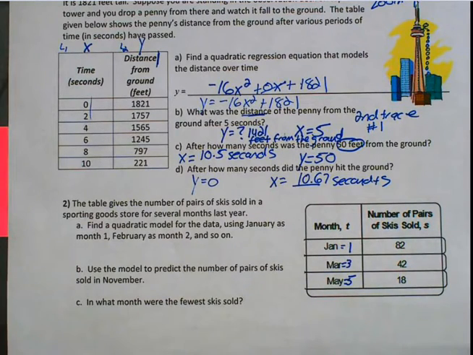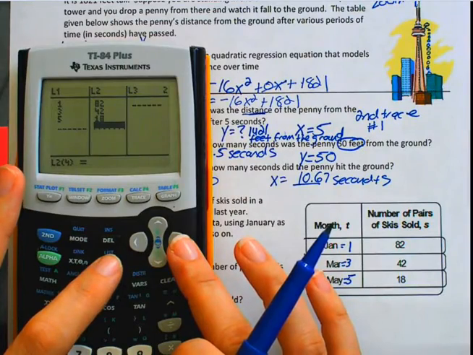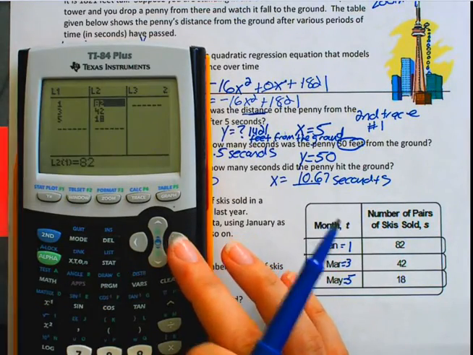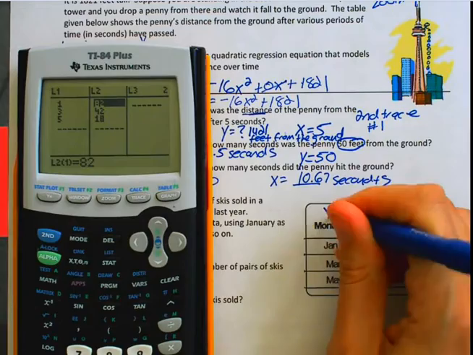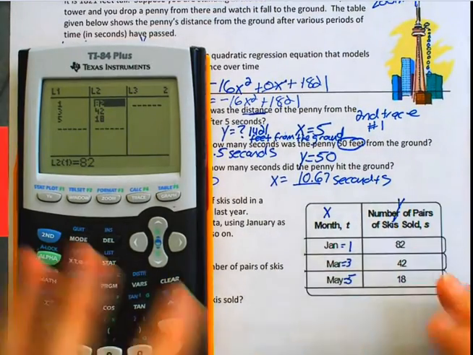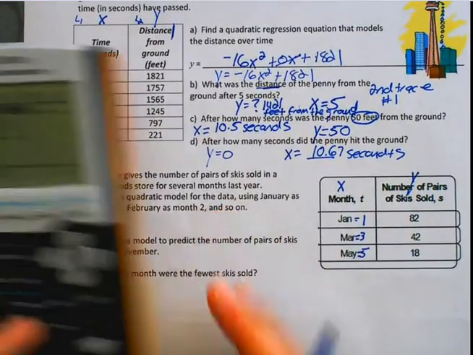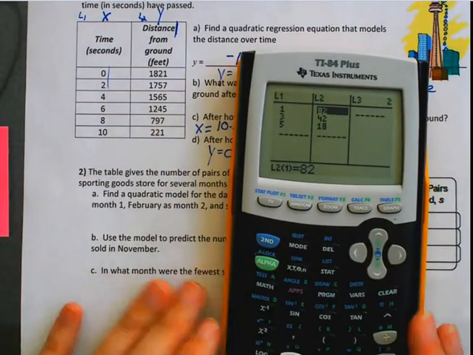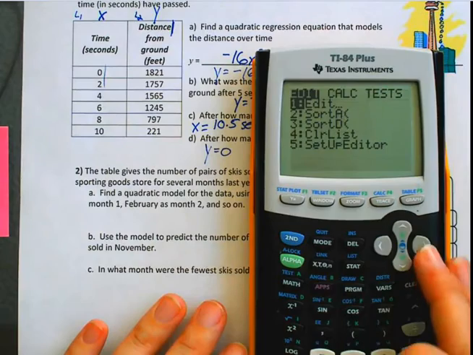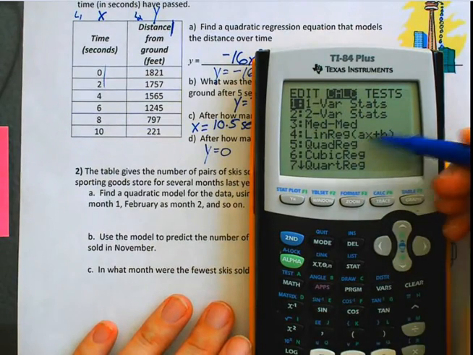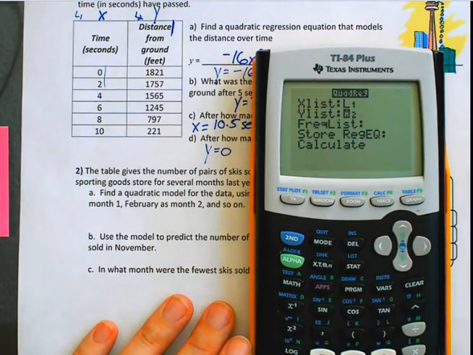So we're going to put that into our calculator. Remember we do stat, edit, enter the data into list 1, list 2. So this is going to be my x, this is going to be my y. All right, so find the quadratic model for the data. That means that they want to know the equation. So I'm going to do stat, calc. Again, they told me quadratic, so I'm going to go down to number 5, enter, enter, enter.